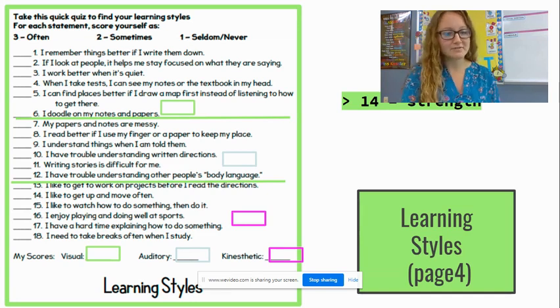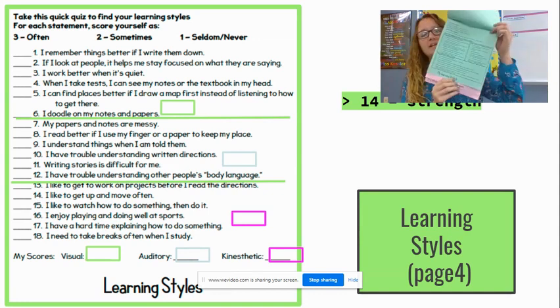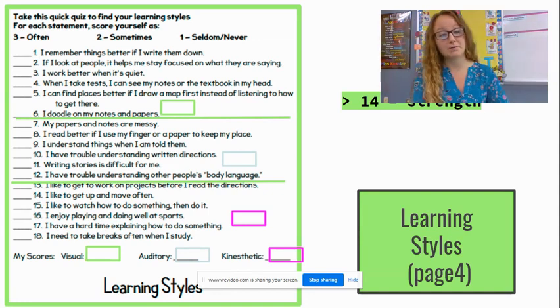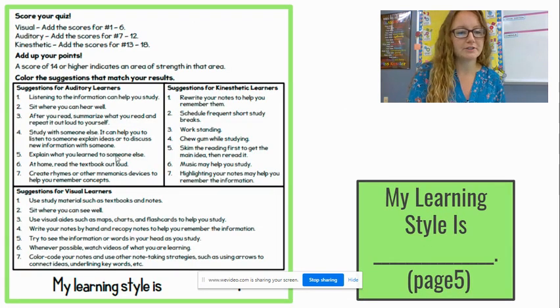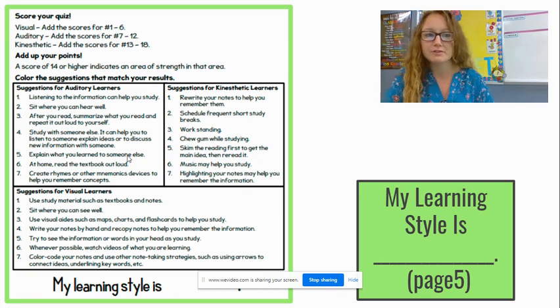All right, welcome back. So now you have page 5. On page 5, you're going to use the information that we just scored about your learning style. Shade in whichever learning style had the highest results. Maybe you had greater than 14 and more than 1, but take the time now to shade it in for page 5. And also take the time to read through the suggestions.